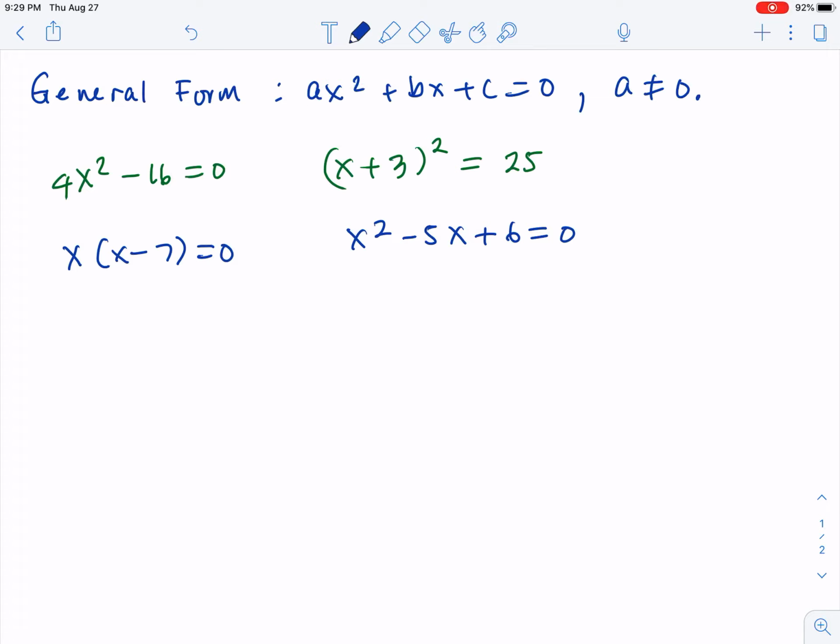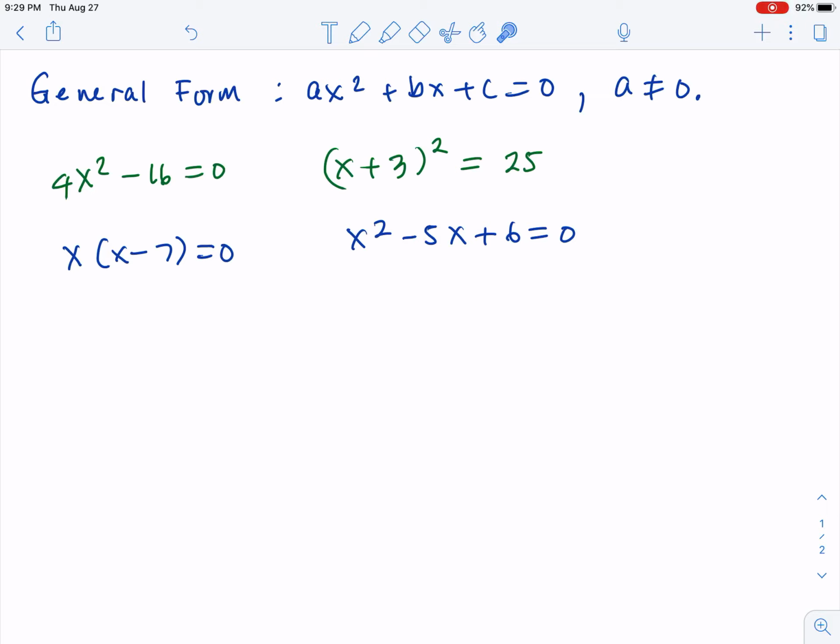Secondly, natuto na tayong mag-solve ng quadratic equations by extracting the square root. So, pwede na natin yan i-solve. And napag-aralan na rin natin kung paano mag-solve ng ganitong klase ng equation. Now, this one is a special equation dahil usually hindi yan masyadong dinidiscuss sa mga libro. Pero kaya ko siya diniscuss kasi related siya sa extracting the square root.